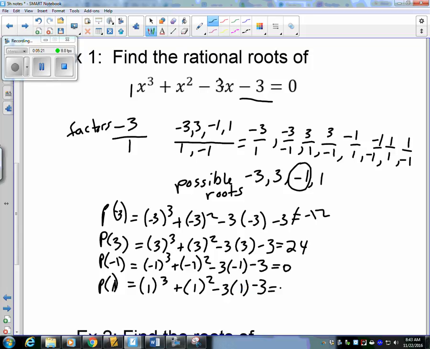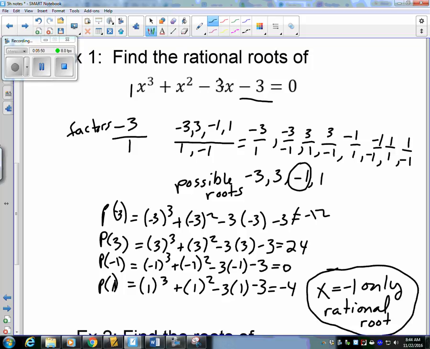So 1 is not a root. So x equals -1 is the only rational root. Doesn't mean that there's not other roots. There are. It is to the third power, so there are other roots, but there's only one rational root. There could be irrational roots or imaginary roots also. So here, this is the only rational root.